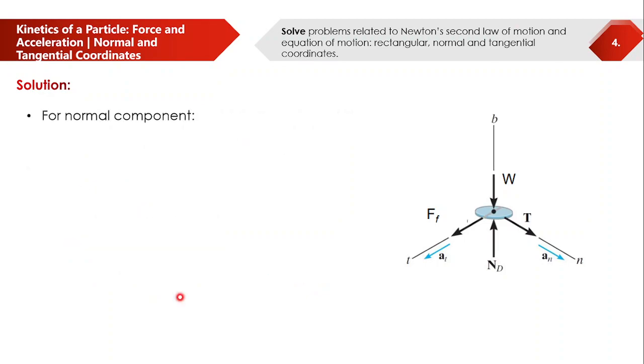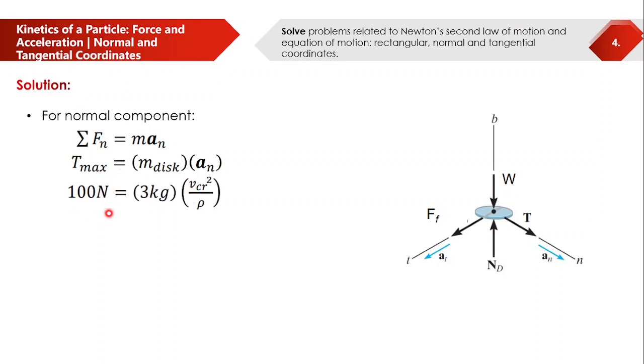So for normal component naman ay yung mga forces na nag-act sa normal component, and we can see that the only force that acts on the normal component of our disk is only the tension of the cord. So that will be the T max is equals to mass of the disk times the normal component of the acceleration.